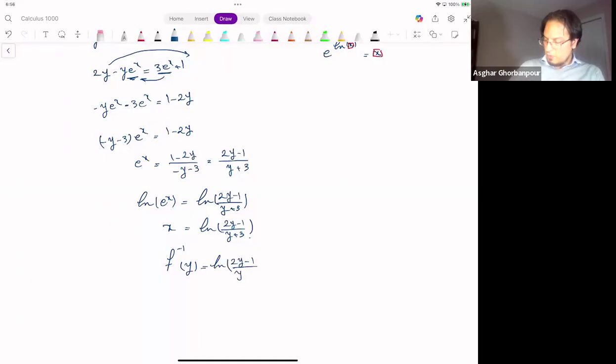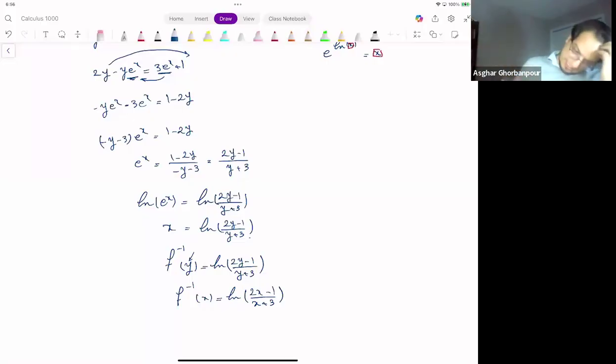And remember, y or anything I put in here is just a placeholder. So I can swap that with any variable I like, including replace it by x.